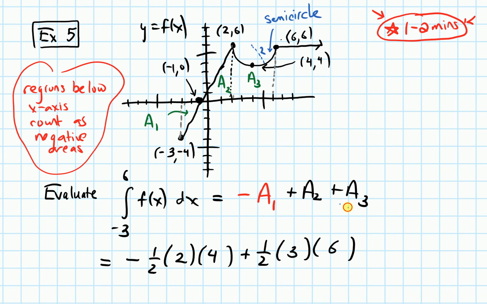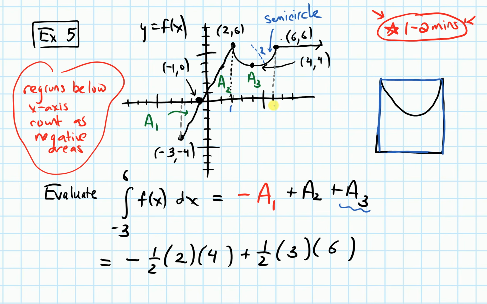For A3, if I were to draw this region one more time, I have this shape, sort of like three sides of a rectangle, and then a semicircle extending down like this. One way I could get that is to first think about completing this rectangle, and I can see the dimensions of that rectangle.